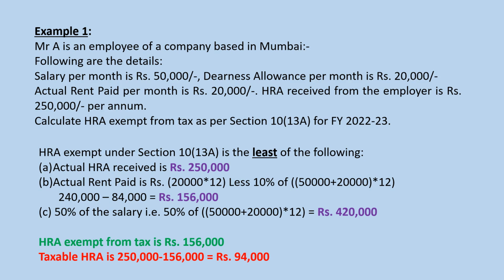So 50% of his salary will become 4,20,000. So the HRA exempt will be the least of the above three, that is 1,56,000. So the taxable HRA is the actual HRA which he received, that is 2,50,000 minus 1,56,000, that is rupees 94,000 will be the taxable HRA.